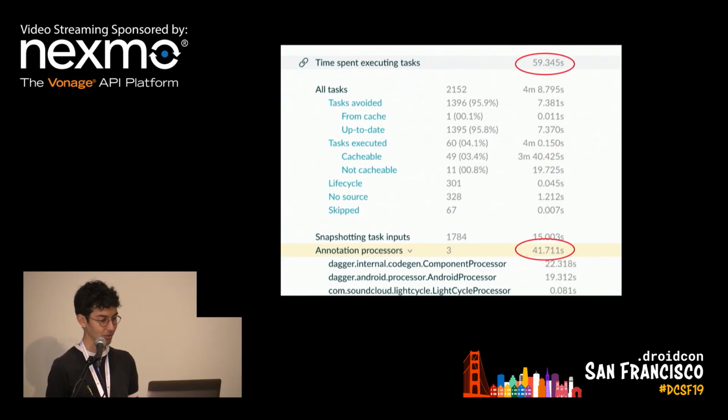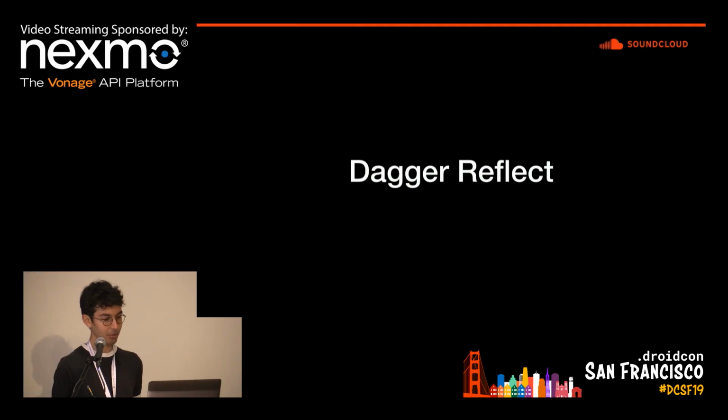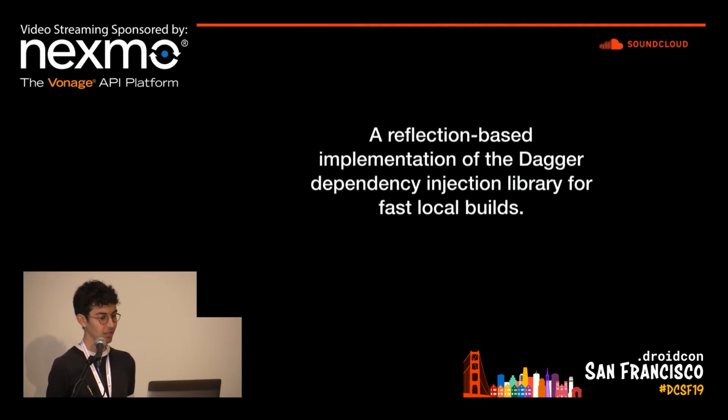And that's the next set of constraints for dependency injection frameworks. So that's where Dagger Reflect came along. Dagger Reflect is a reflection-based implementation of Dagger, the dependency injection library, for fast local builds. I should emphasize, it's only for local builds, not for production.